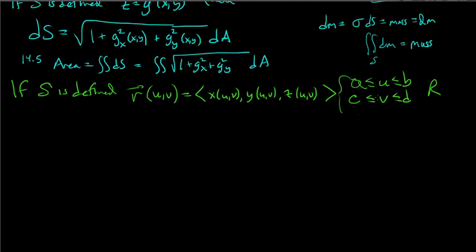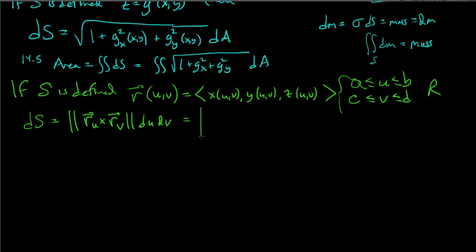Okay, so in that case, your dS is going to be a little bit different. It's going to be the magnitude of the partial of r with respect to u, cross product with the partial of r with respect to v, du dv, which is our dA here.